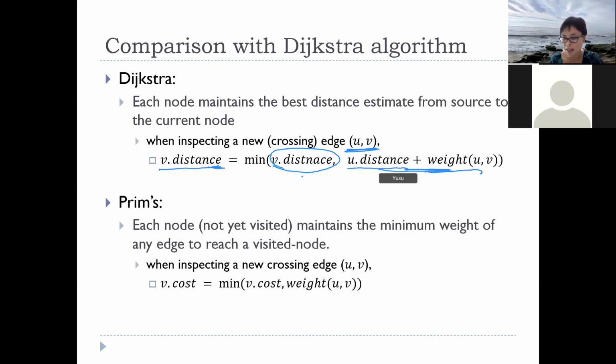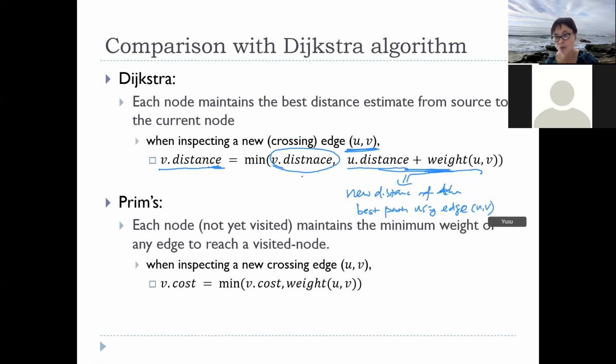This is basically the new distance of the best path using edge UV. If there's a new path going through UV, is this new path distance smaller than whatever I found before? You take the minimum of that. So that's in Dijkstra algorithm.